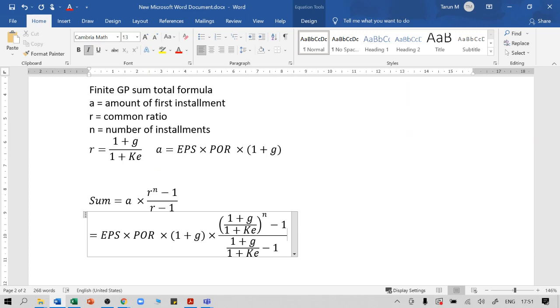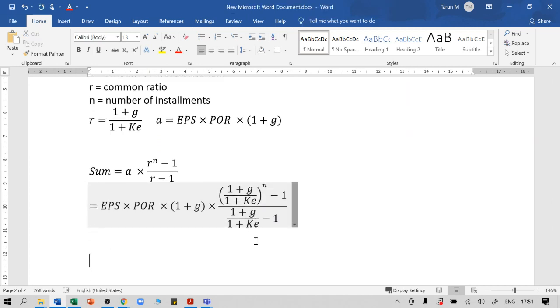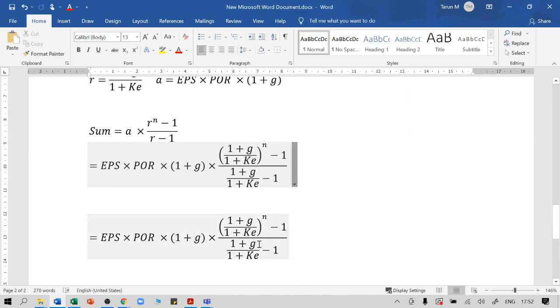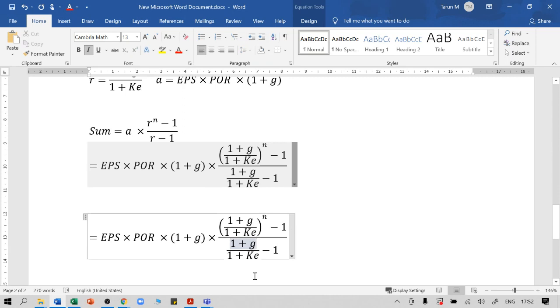This formula is used when the common ratio is more than 1. Now in the denominator, I'll take the LCM, and that way it will become 1 plus G minus 1 minus cost of equity, whole divided by 1 plus KE. Now this plus 1 and minus 1 will be cancelled.